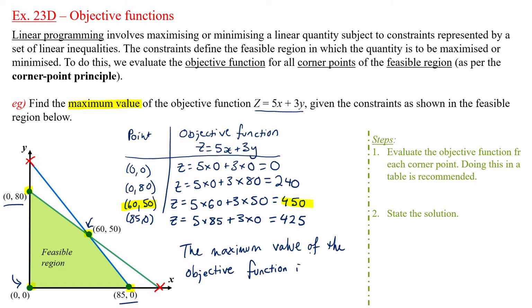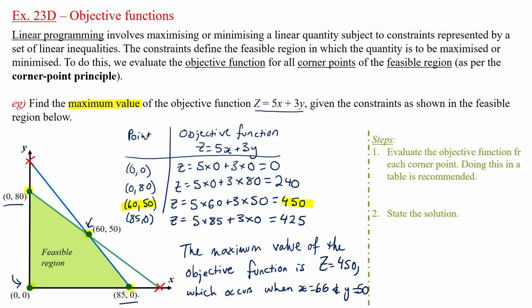Sorry, my pen is loading very slowly today. The maximum value is Z equals 450, which occurs when X equals 60 and Y equals 50.